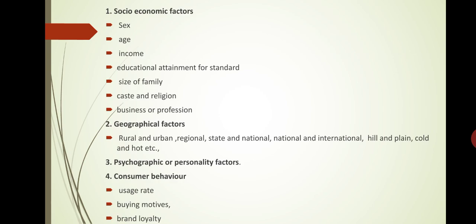So let us see which are the factors. First one, sex. I already told here, ladies and gents, right? So sex can be divided in two parts. Here ladies have different needs and attitudes, and in the same way gents have different needs and attitudes, right?